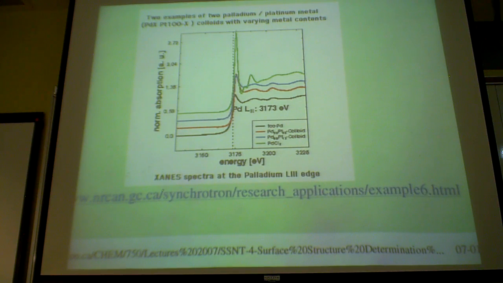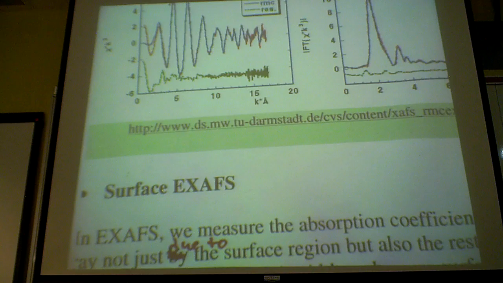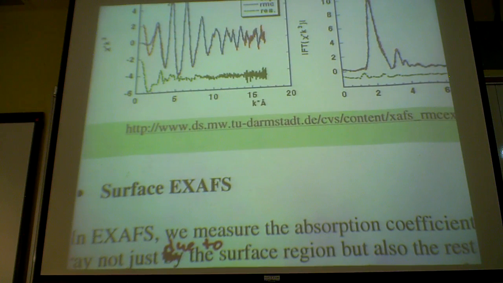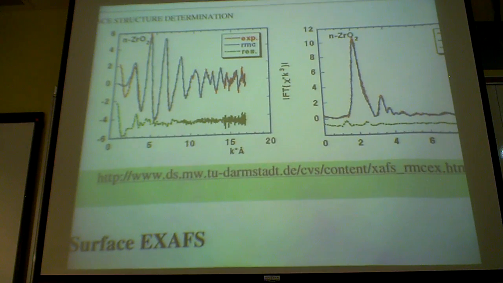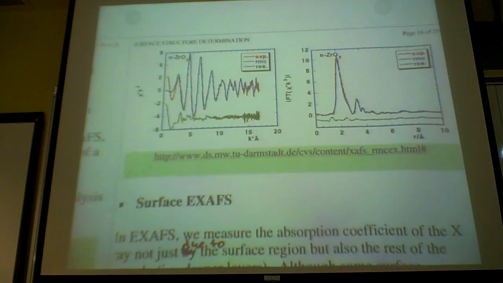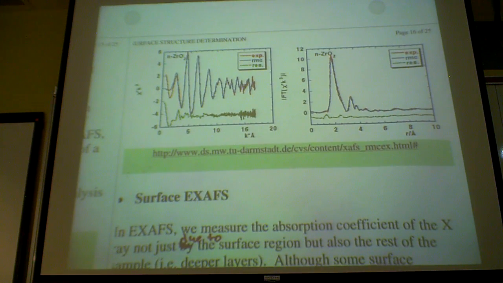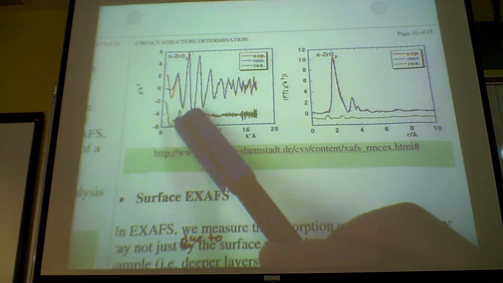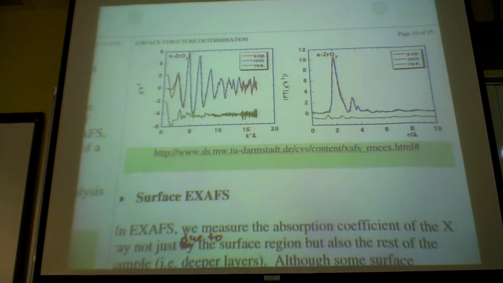Okay. And on this side, I try to show you how you can actually do it in a more precise way, not just a single electron scattering calculation. You can do a more elaborate calculation, right? So here, one way is that, okay, the red curve is your experiment, okay?